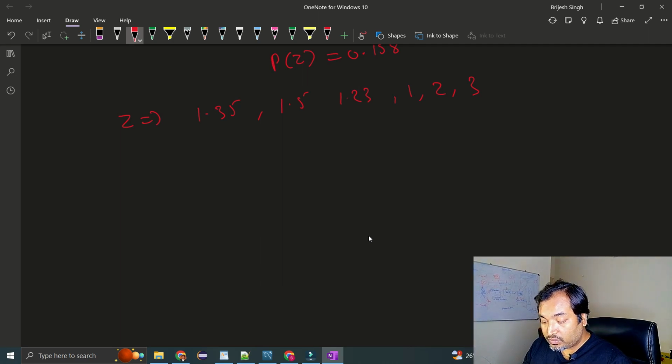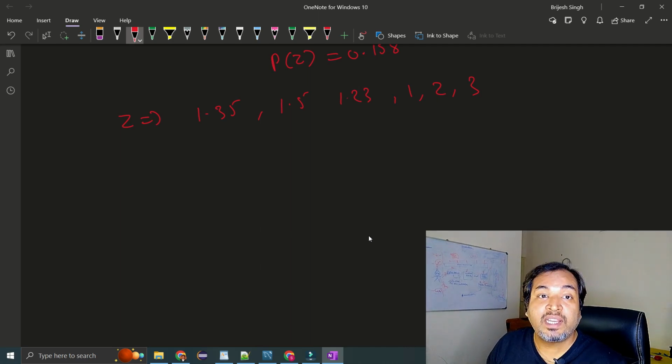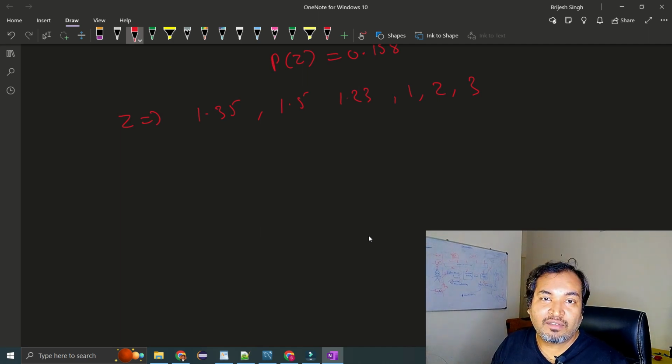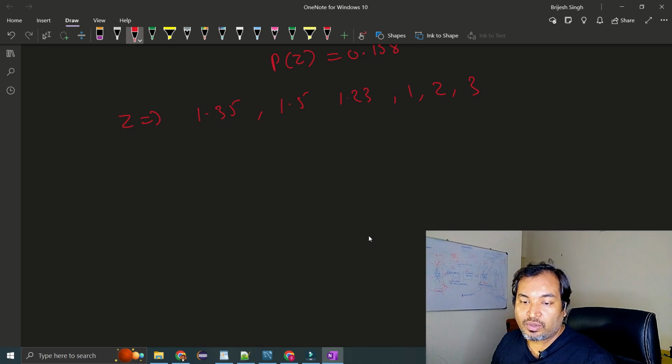So now, for finding the probability for these decimal points, what mathematicians have done is calculate the distribution probabilities for each and every random variable which lies in the -3 to +3 range of the Z score, right?